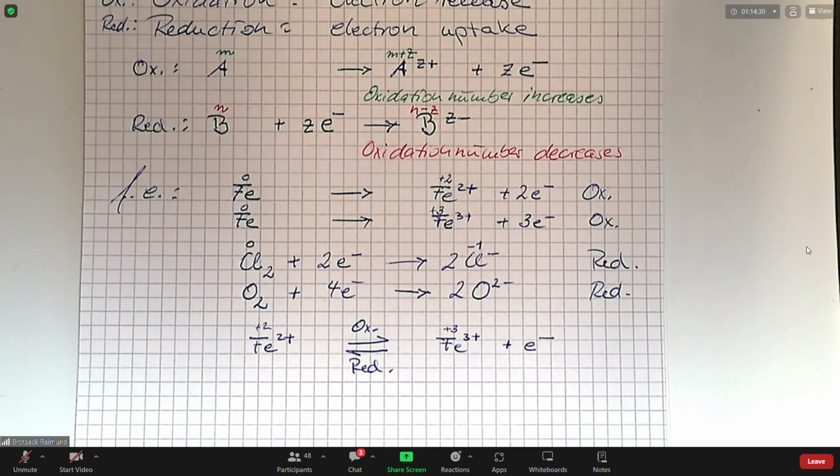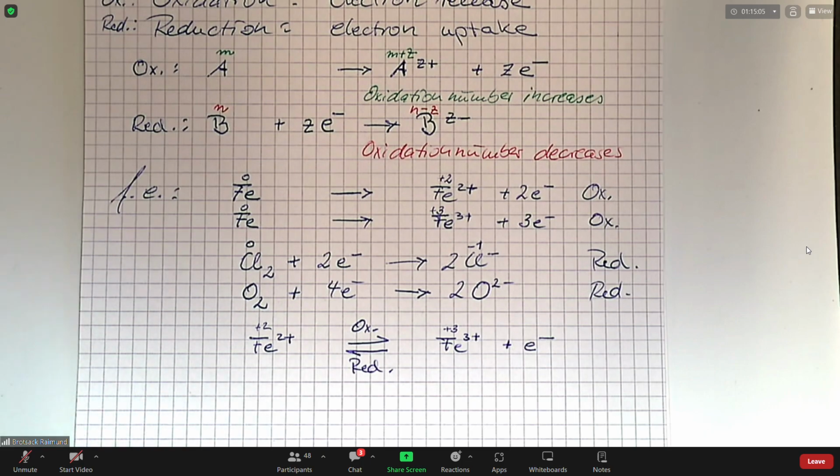It's just a question of energy. Is it more stable to stay as iron 3+, or more stable to stay as iron 2+? And that is always a question of the environment. Because a single electron never exists in chemistry, we don't have single electrons. If iron is releasing an electron, there must be a partner who is taking that electron at the same moment.